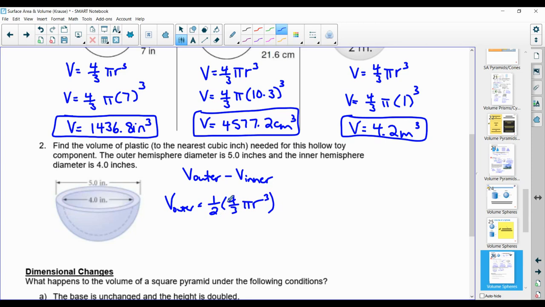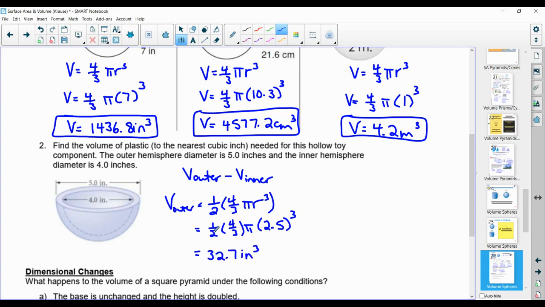Now you could also think about that as the volume of a sphere, 4/3 pi r cubed divided by 2. I tend to multiply more often because I find I'm less likely to forget to do it on my calculator. All right, so 1/2 times 4/3 times pi times 2.5 to the exponent 3 gives me 32.7 inches cubed.